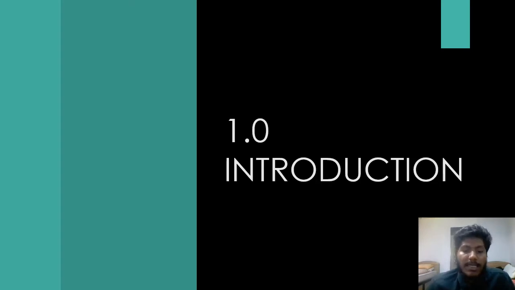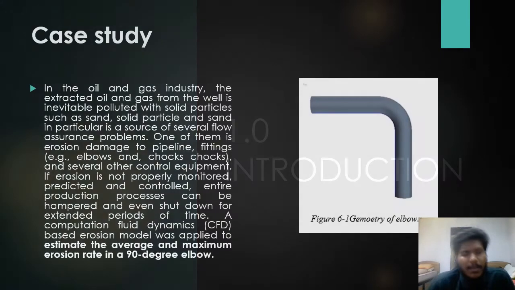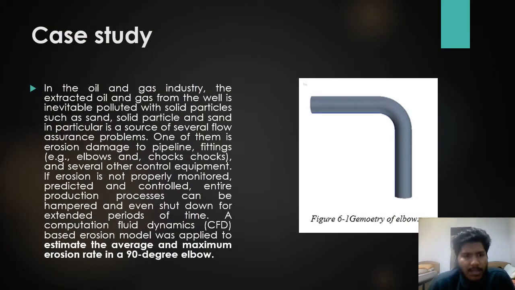I will start with the introduction part, which is the case study. In the oil and gas industry, the extracted oil and gas from the well is inevitably polluted with solid particles, such as sand. So this sand in particular is a source of several flow assurance problems. One of them is erosion damage to the pipelines, known as elbows, and several other control equipment.